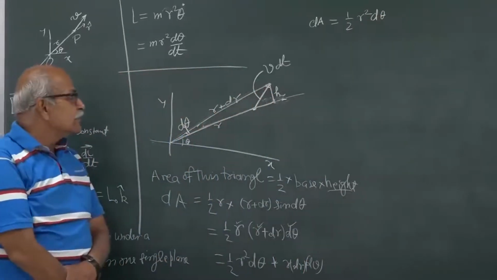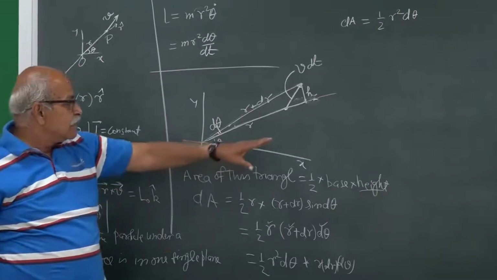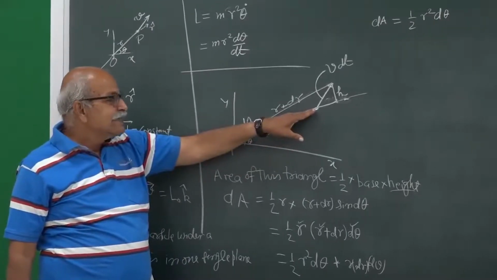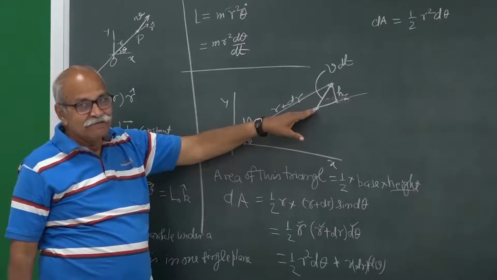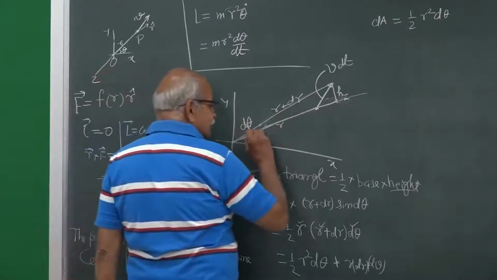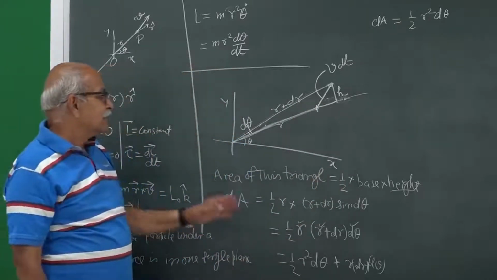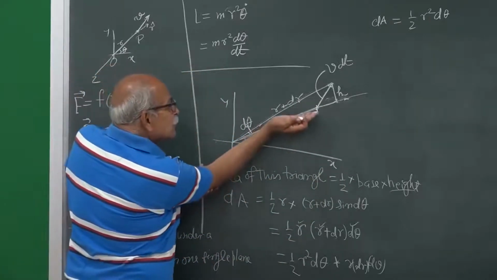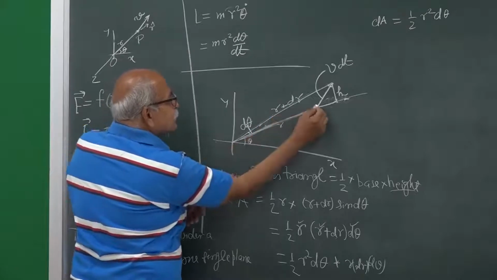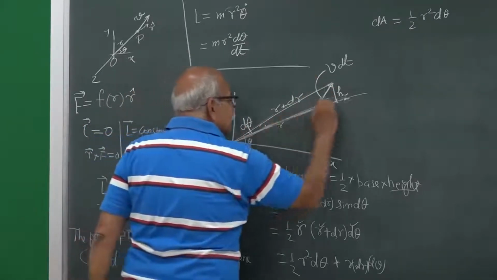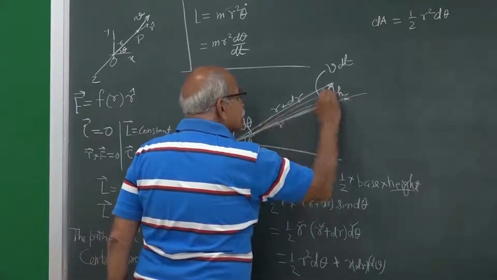That is the area swept by this radius vector in time dt. This was the radius vector, the particle is going along its path, but you draw this radius vector from each point of this path.